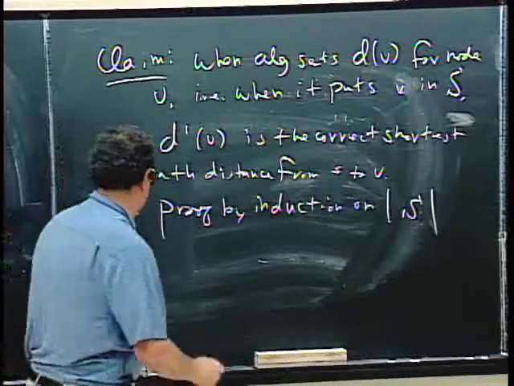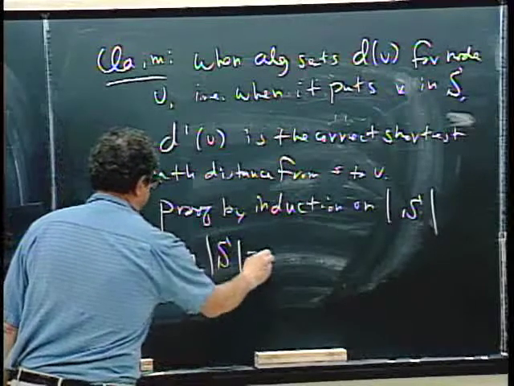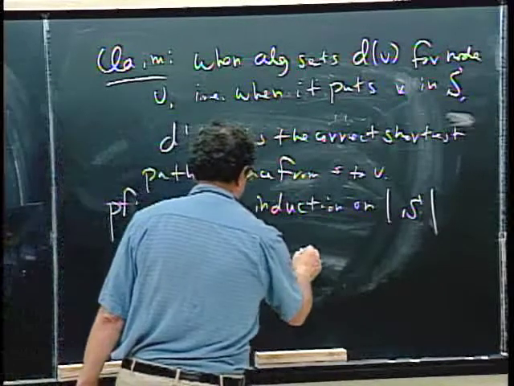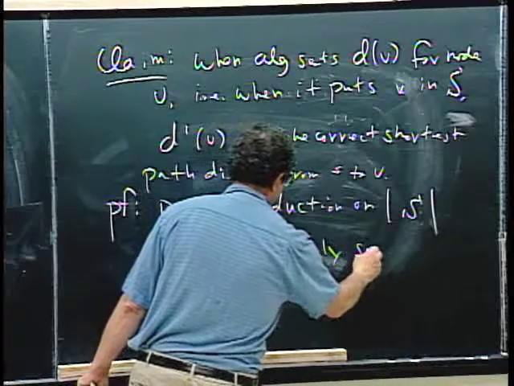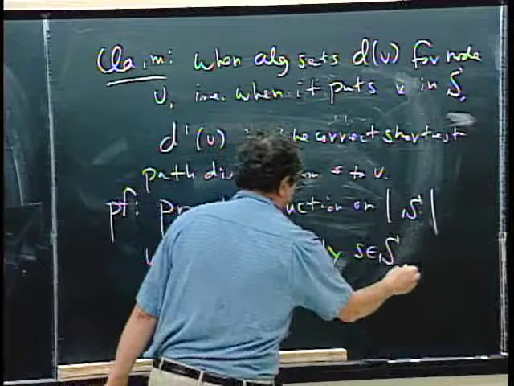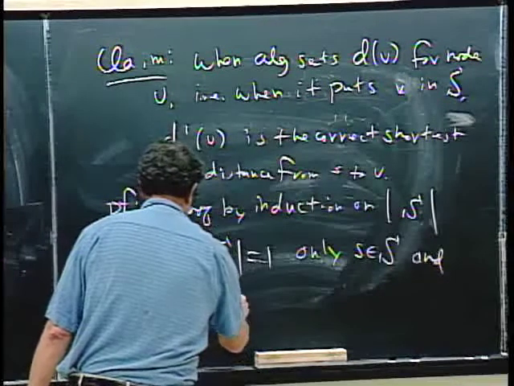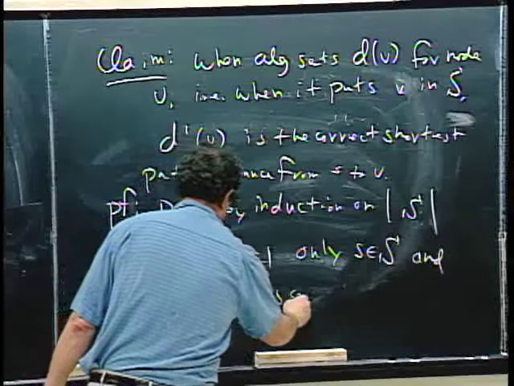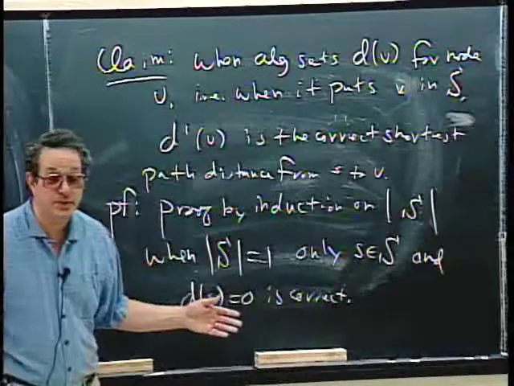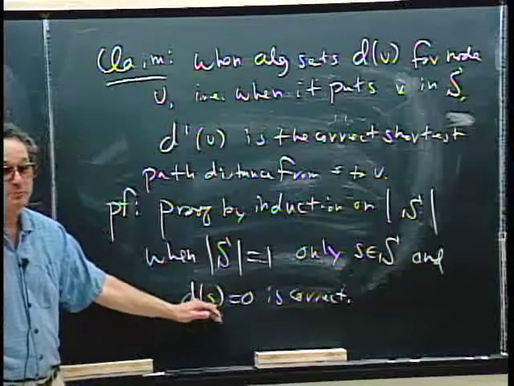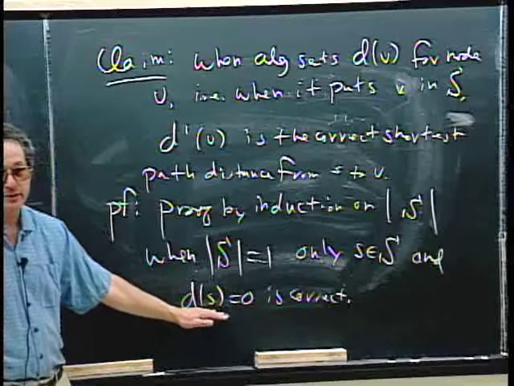So initially, when size of capital S is equal to 1, then the only thing we have, only little s is contained in capital S, and d little s equals 0 is correct. That is, I apologize for this ambiguity. D of S is both a programming variable and it's defined to be the actual correct shortest distance.